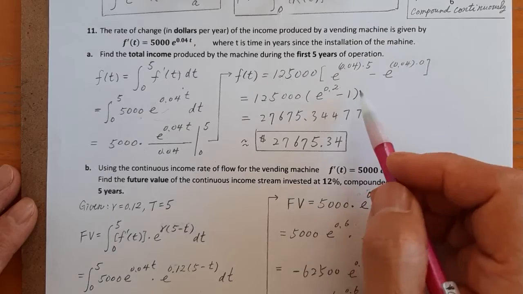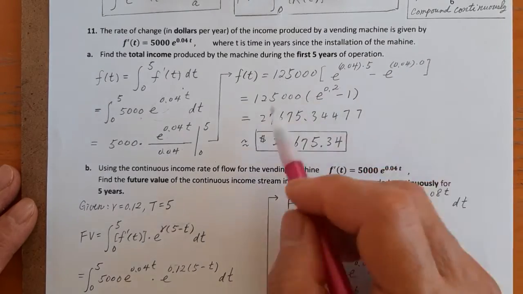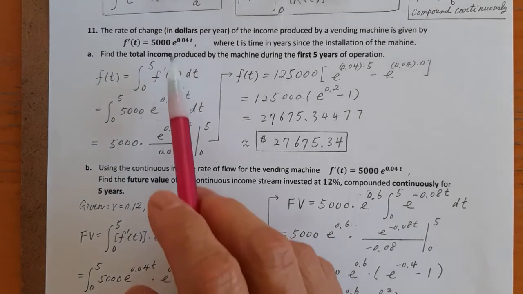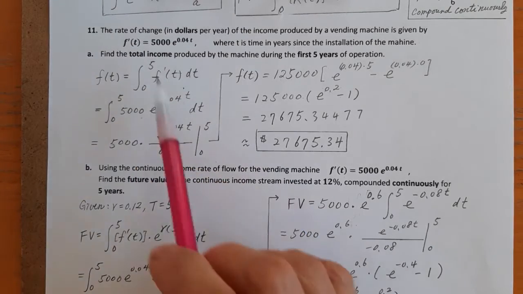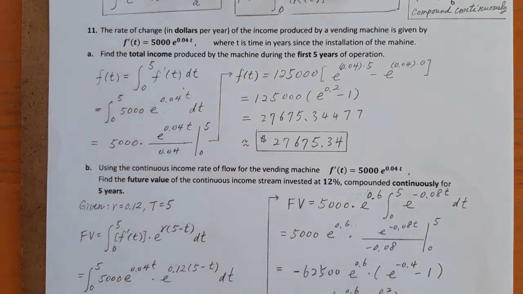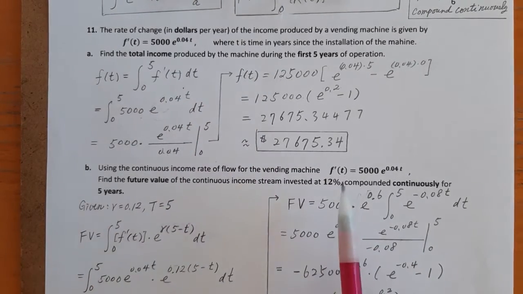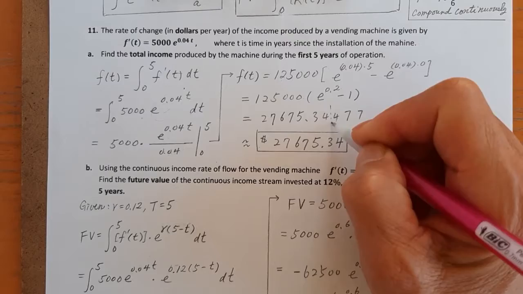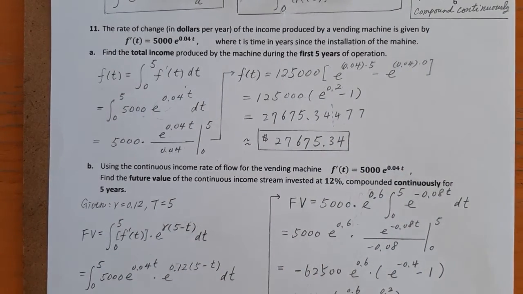E to the power 0 is 1. And use a calculator, figure out this. So for the 5 years, the total income, if at this rate, the total income per year at this rate, in T years, each year the rate is this. Then you have 5 years. Total income is so much, rounded to 2 decimal digits.